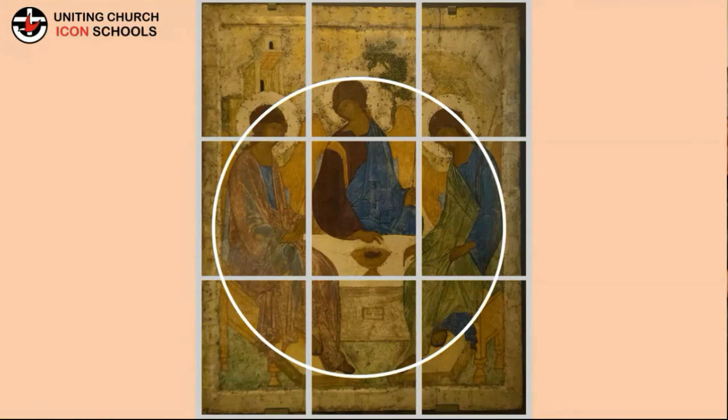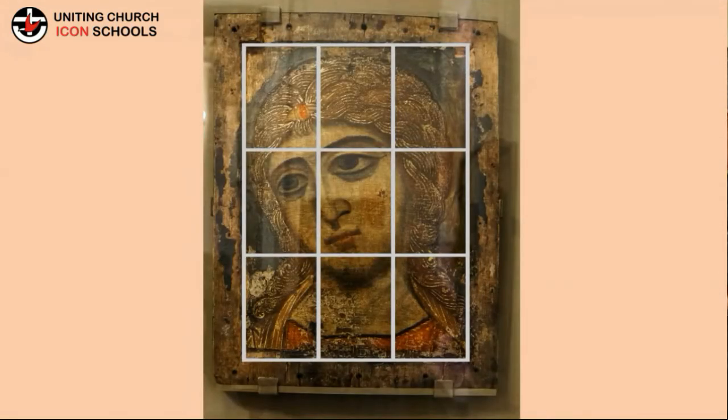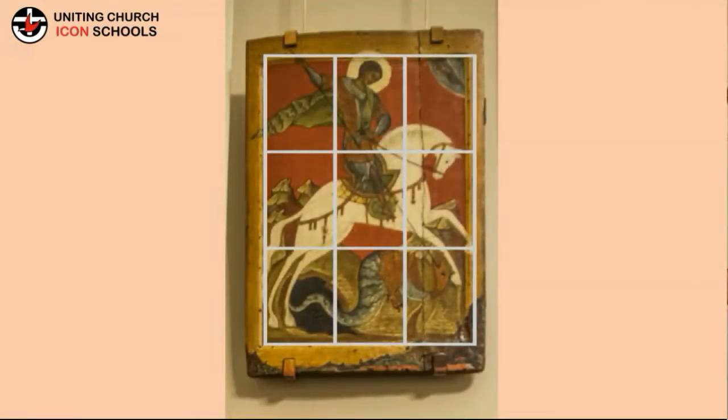And again, another famous one. There's the exception. It kind of is, isn't it? But the Fibonacci system works better for it. Again, not so much. Incidentally, these two icons are in the same room in the Russian Gallery in St. Petersburg.